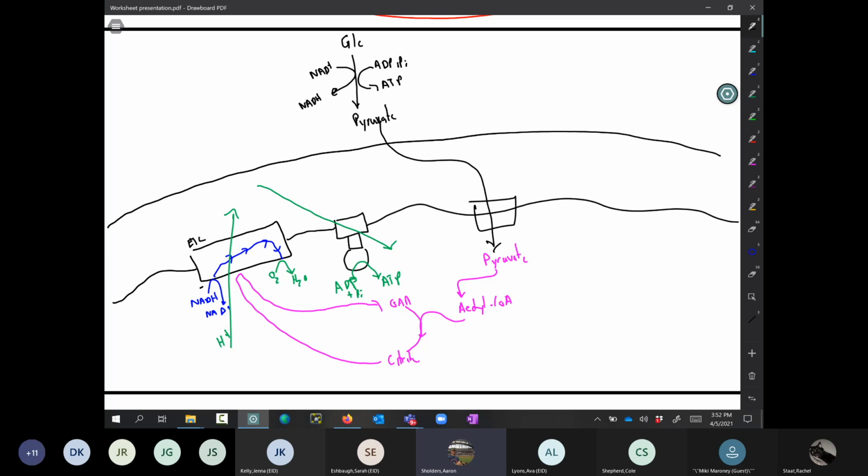Now, hypoxia-inducible factor is something that the cell uses to recognize that oxygen levels are low. If oxygen levels are low here, then this whole process in the electron transport chain is going to slow down, because we don't have that much oxygen. So these would be not quite anaerobic, but hypoxic, not a lot of oxygen there.